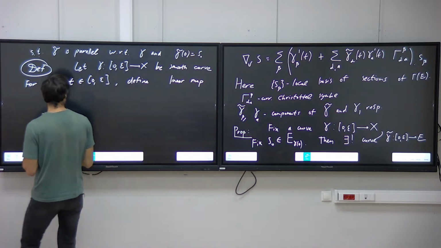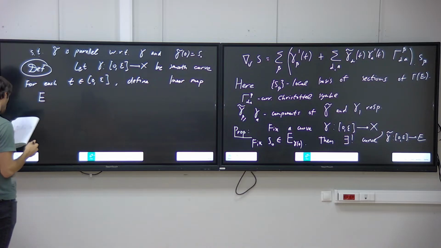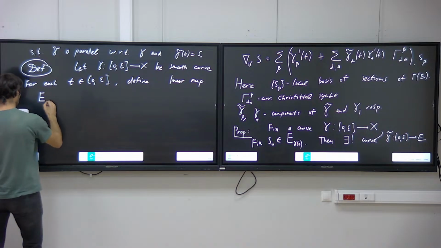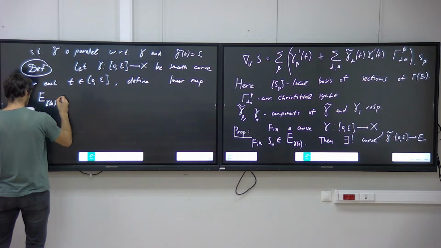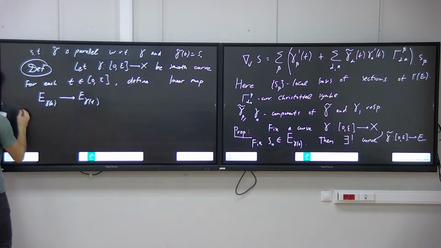From where to where? Well, my fibers are vector spaces, so I define a map from E gamma of 0 to E gamma of t. This map I will denote tau t.